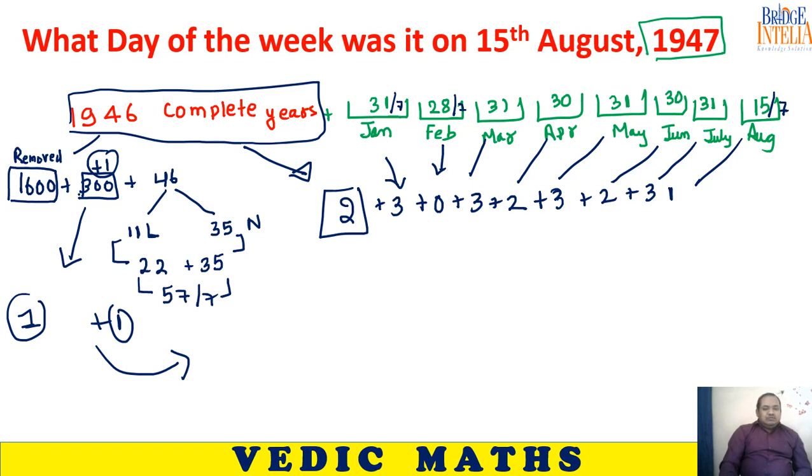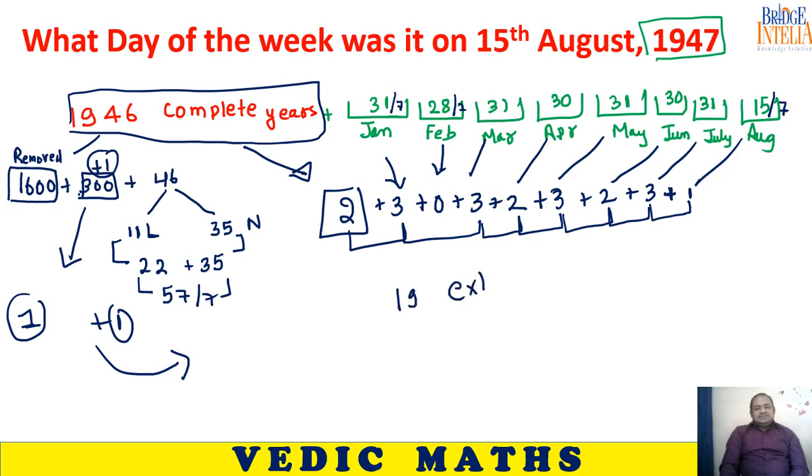So now let's count. 2 plus 3 is 5, 5 plus 3 is 8, 8 plus 2 is 10, 10 plus 3 is 13, 13 plus 2 is 15, 15 plus 3 is 18, 18 plus 1 is 19. So 19 extra days.